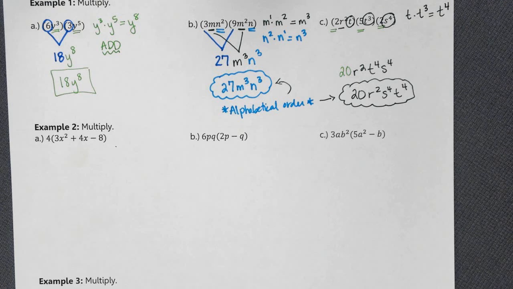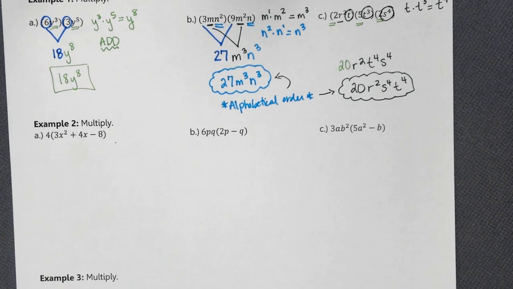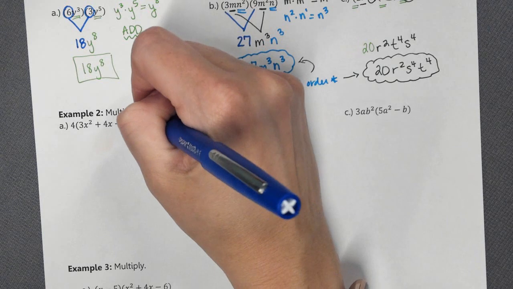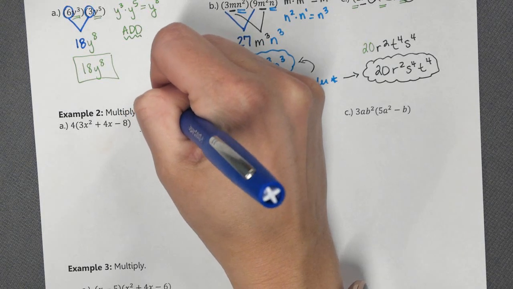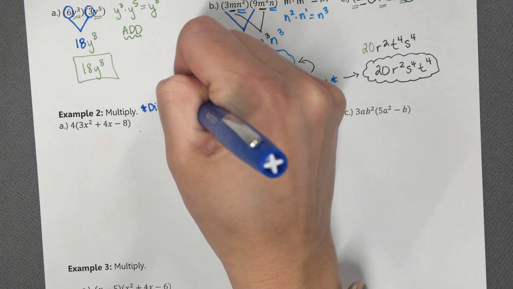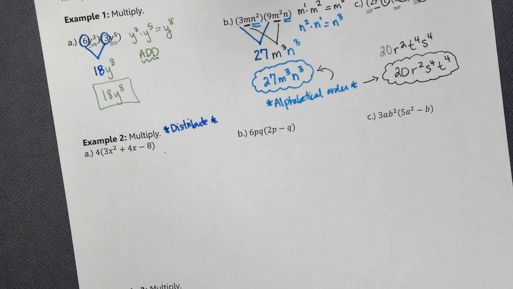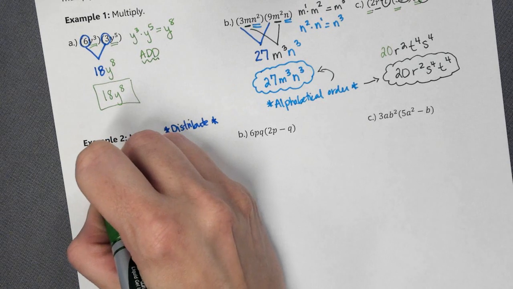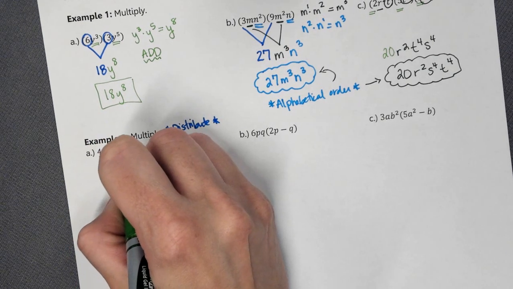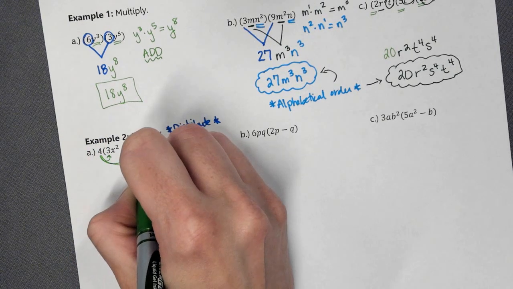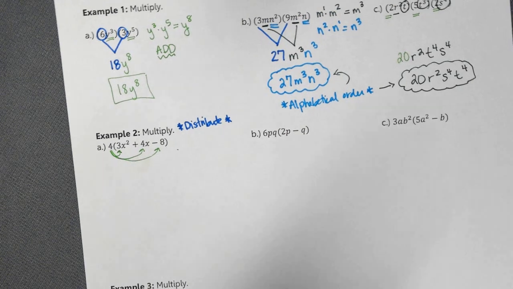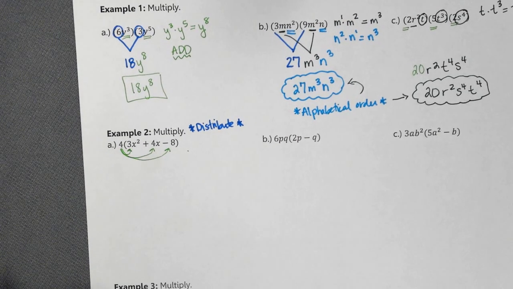Now we're going to multiply a number by a polynomial, and in order to do that, we're going to use the distributive property. When you distribute, you are going to multiply everything by 4, here, here, and here. So you're going to multiply 4 times 3.